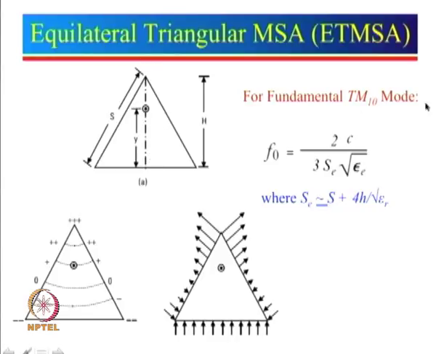So now let me define what is the 1 0 mode. The 1 here implies that the field variation is one half wavelength on this side and one half wavelength on this side, and the 0 here implies that the field variation along this axis is relatively not there. Okay? So that is what 0 implies.